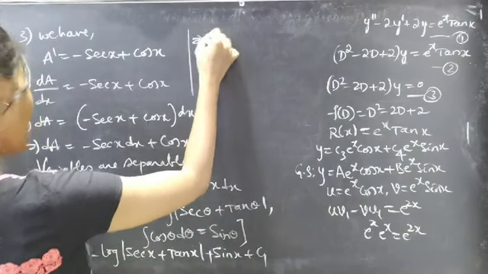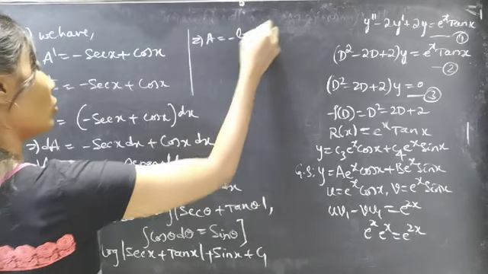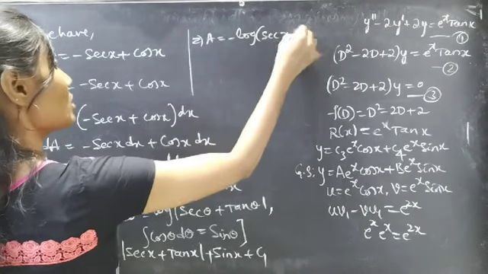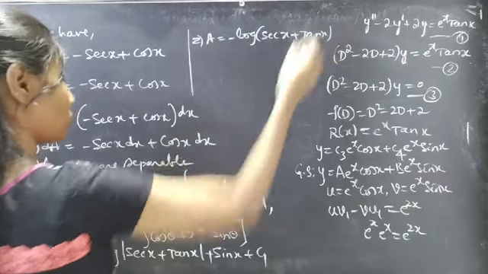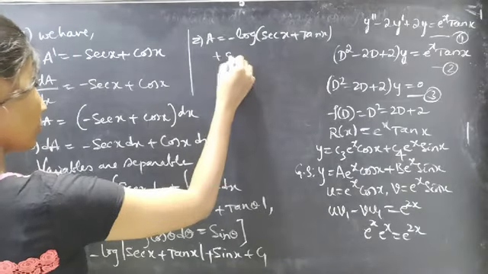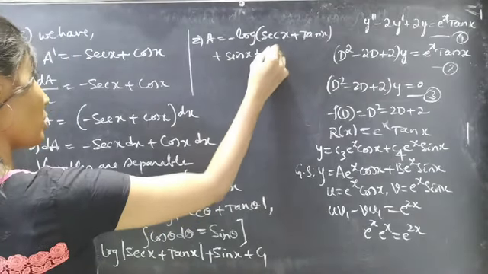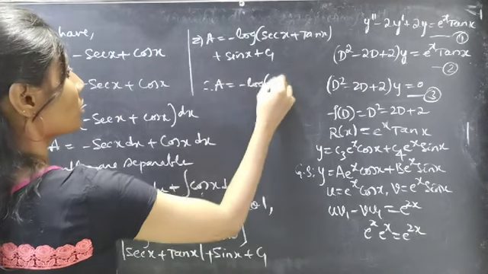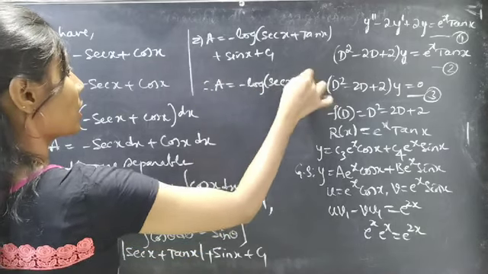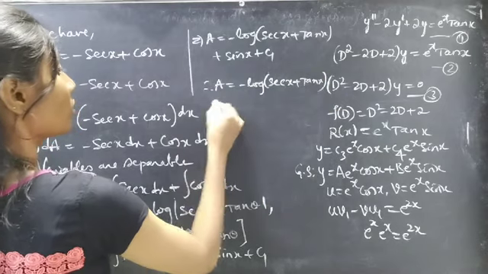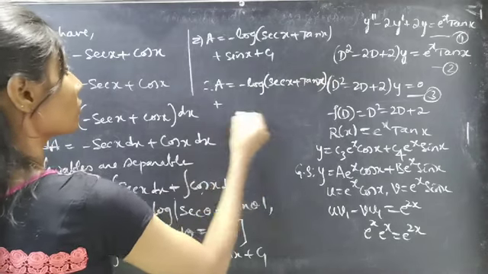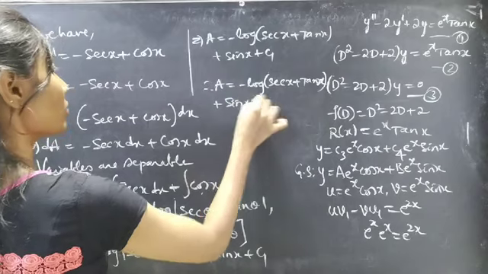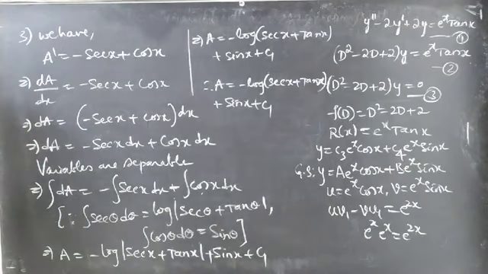Or A equals minus log of secant x plus tan x plus sin x plus c1. We got A.